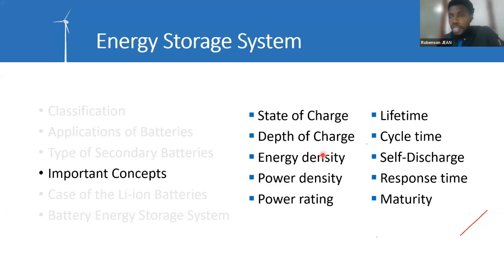It is important to know that for a lithium battery you can reach up to 80%, but for a lead acid battery you can use around half the capacity, like half of the depth of discharge.